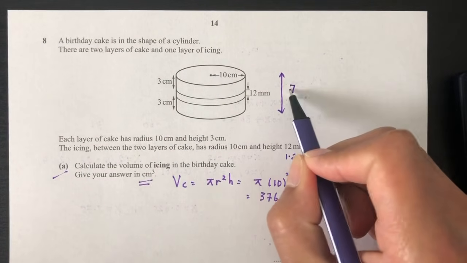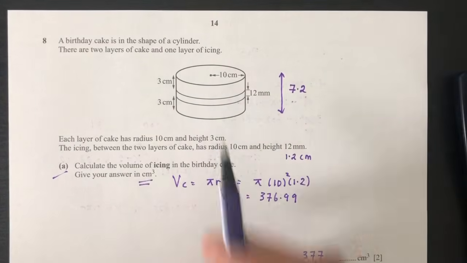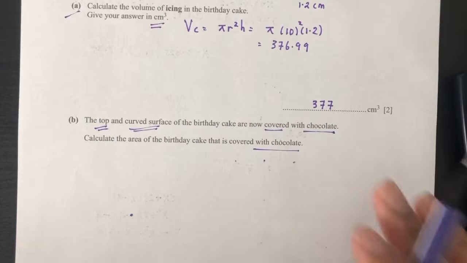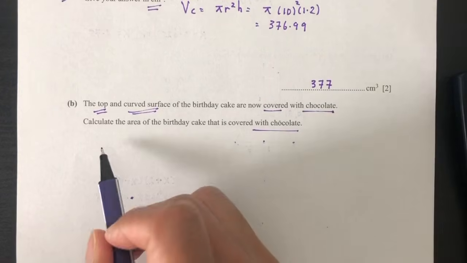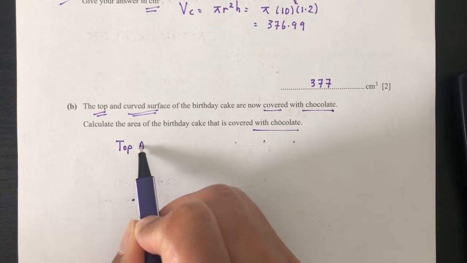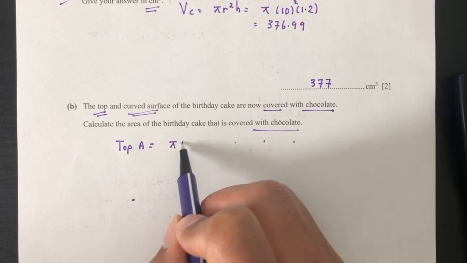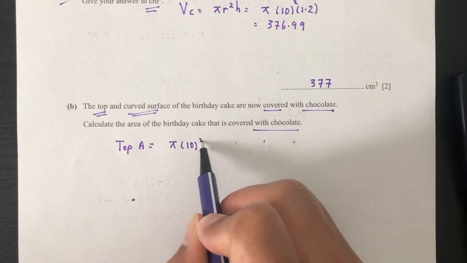So the total height is 7.2 and the top here has radius 10. If you want to find the total area that is covered with chocolate, let's find it one by one. First is the top area. It's just the area of a circle, which is pi r squared. So pi r squared is 10 squared.